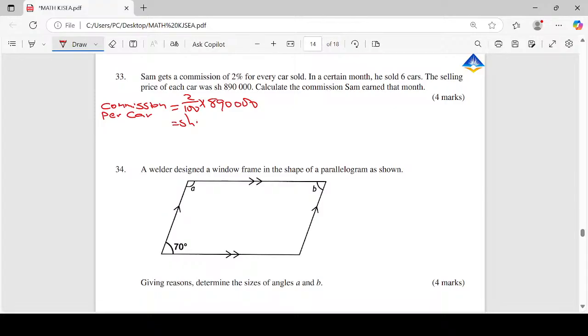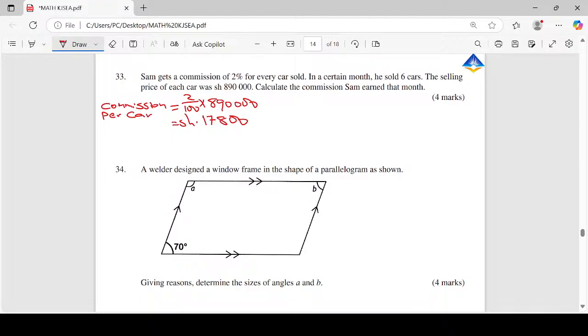In your calculator, 2 over 100 times 890,000, you get 17,800. This is the commission that Sam is getting just by selling 1 car.